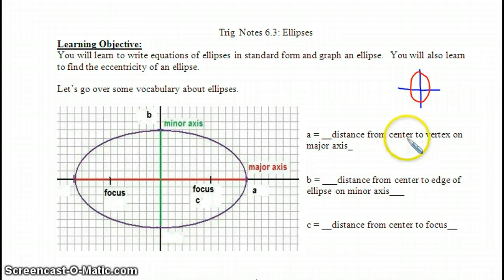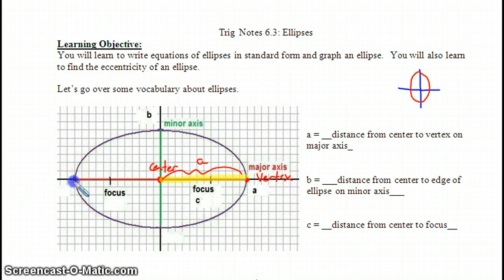A is the distance from center to vertex on the major axis. So this one happens to have a center point right at 0, 0. So this is our center. And the distance from the center all the way to the edge of the ellipse on the major axis, which would be this distance here, that's A. So this distance is A. And at the end, we call these points the vertex.